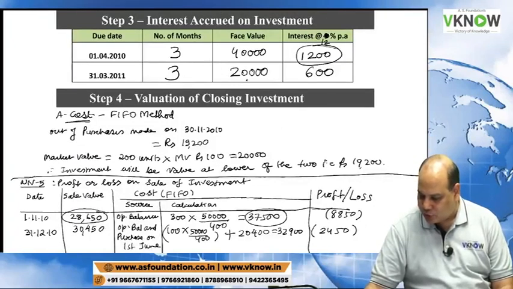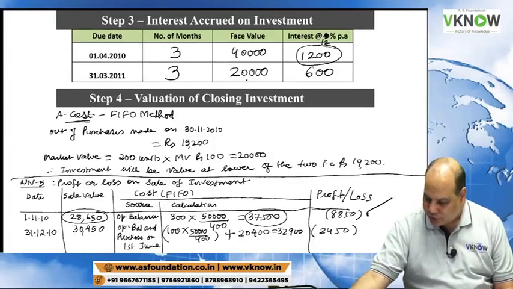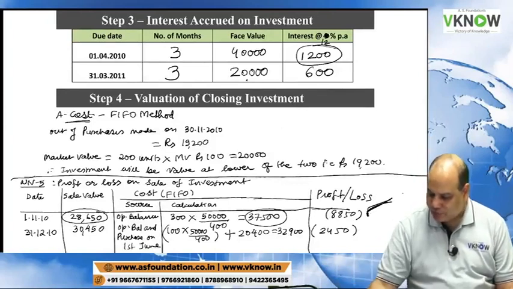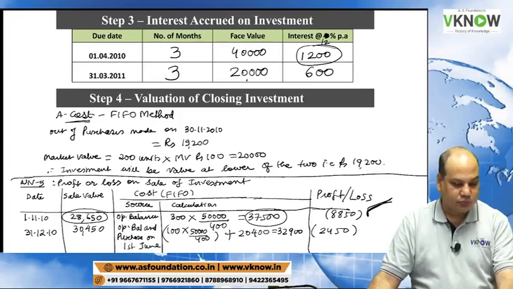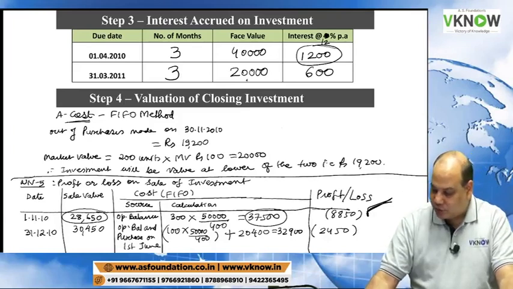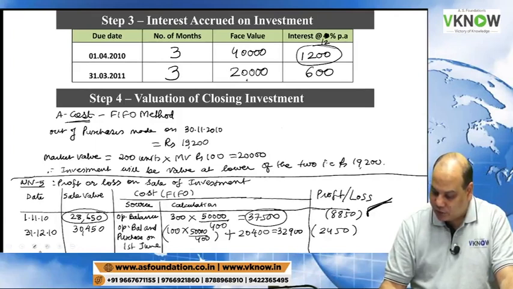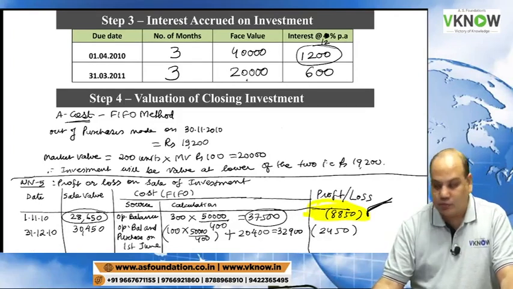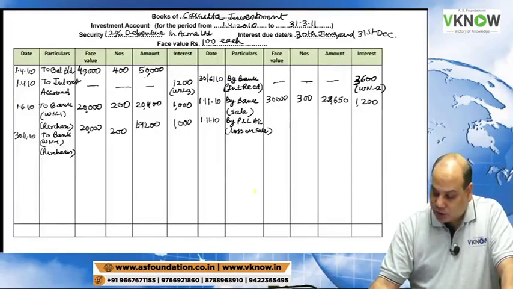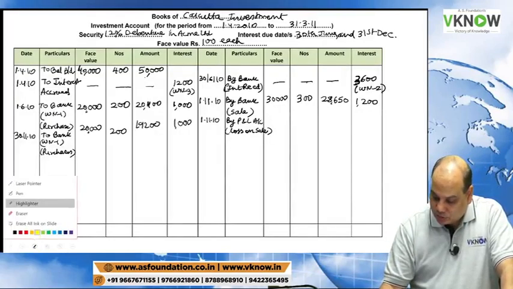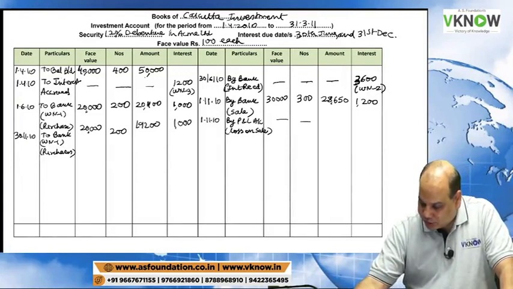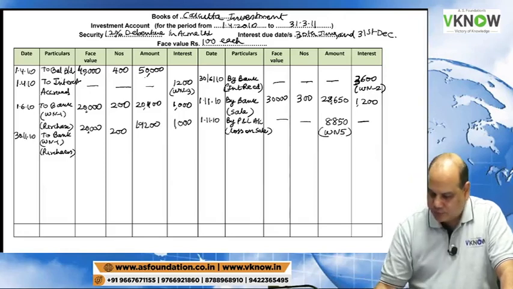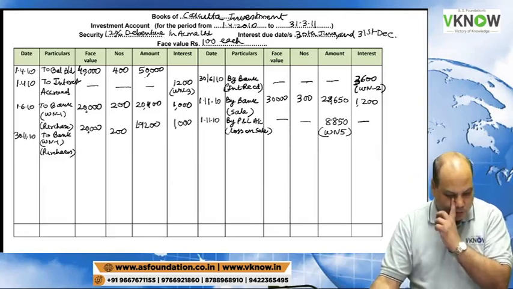On the screen, working note 5 below. Right side I am doing a tick mark here. 8,850. 8,850 is the loss. Can you see 8,850? I will highlight it also. This is the loss. So transfer it to your investment account credit side, 8,850, working note 5.